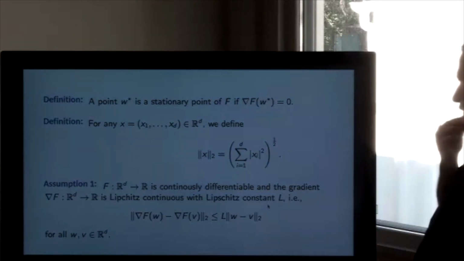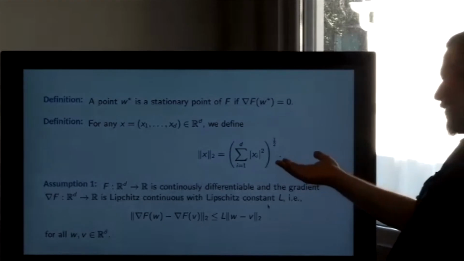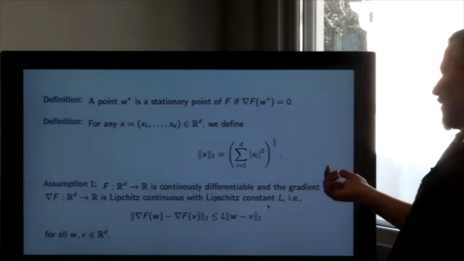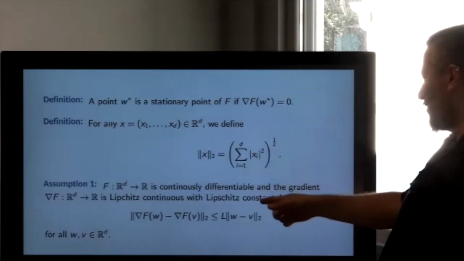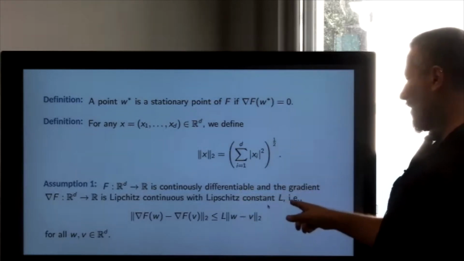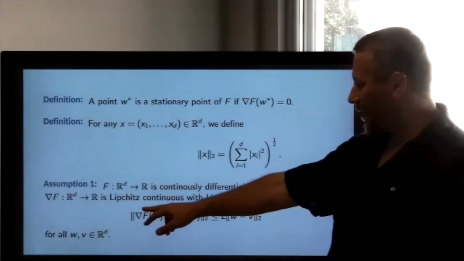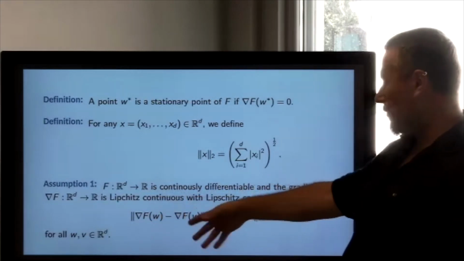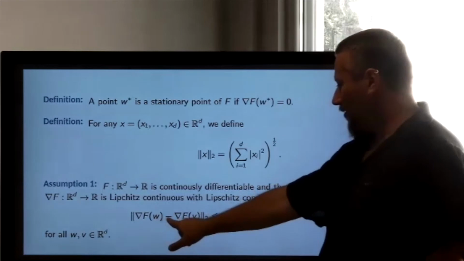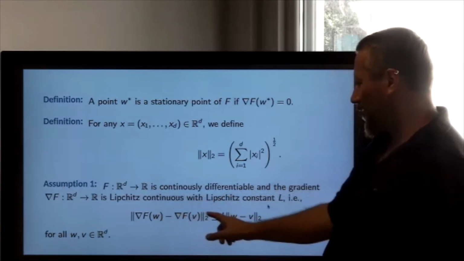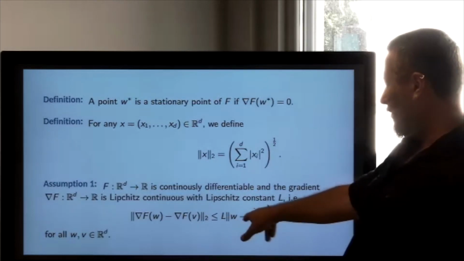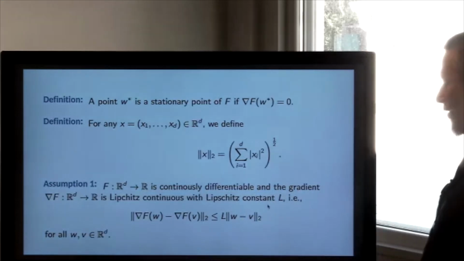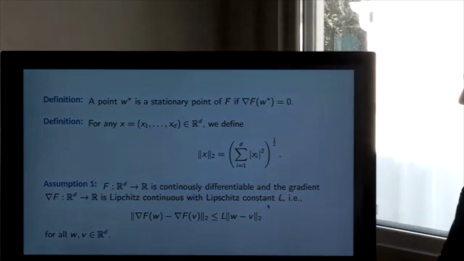I'll start with this condition: we will say the gradient of an objective function is Lipschitz continuous with Lipschitz constant L if for any omega and v in this parameter space, the norm of the difference of the gradients is smaller than L times the distance between these two points. These are L2 norms defined here.